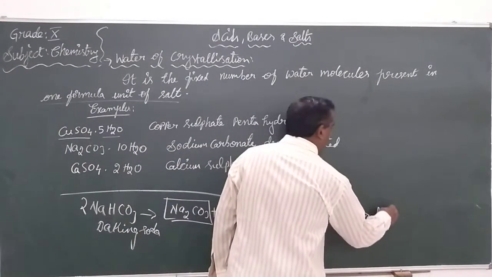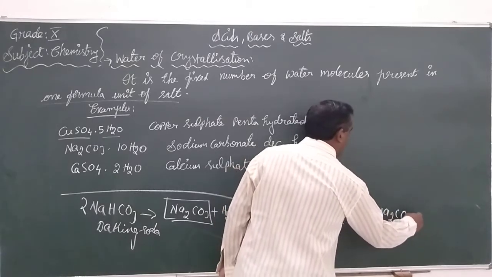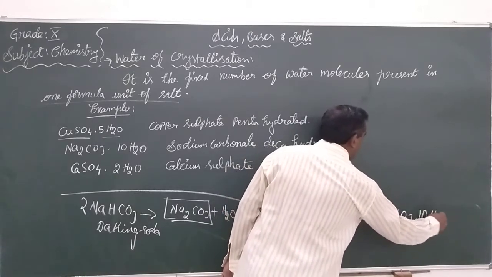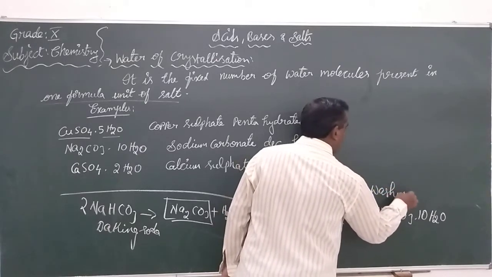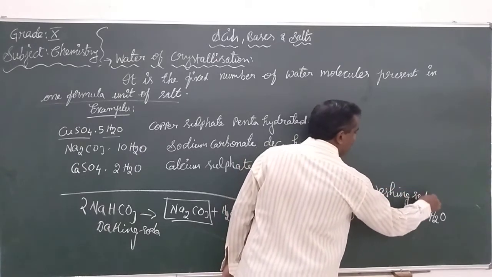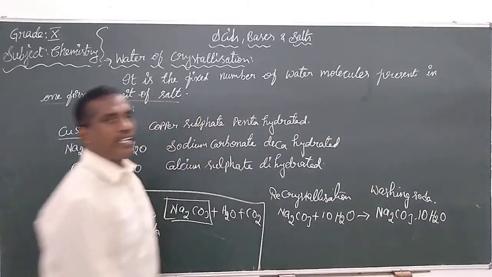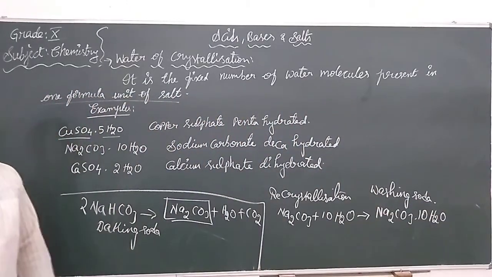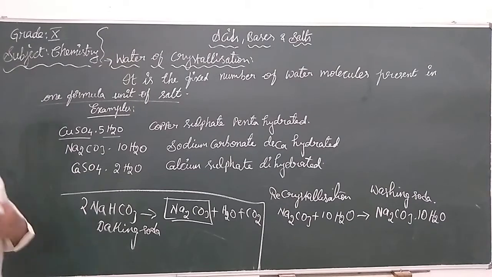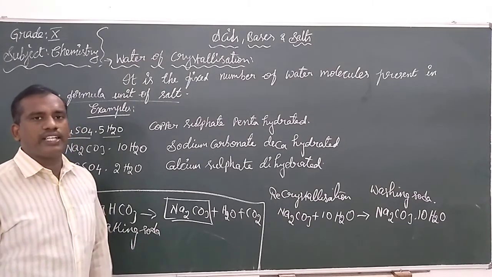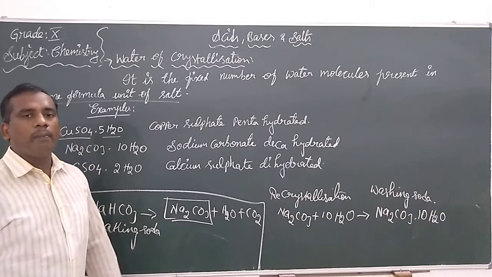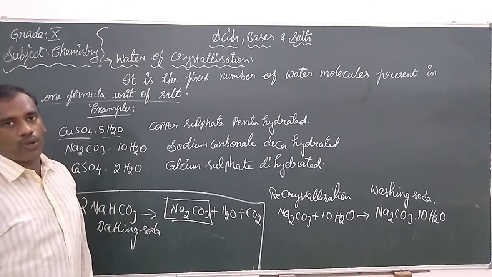That is going to form Na2CO3 10H2O, which is called washing soda. So where did we get this washing soda from? The recrystallization of the product of the heated baking soda.